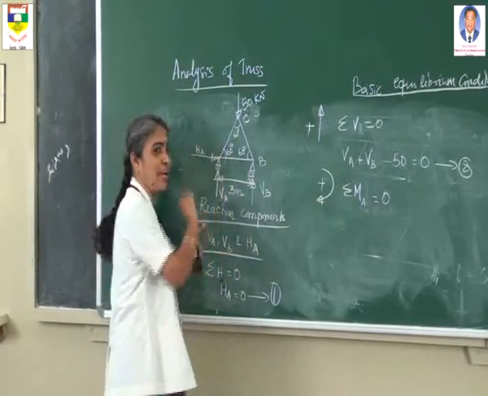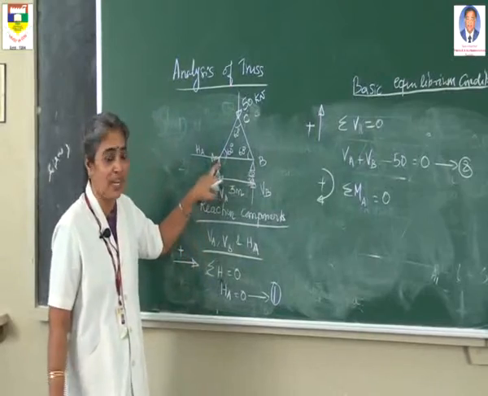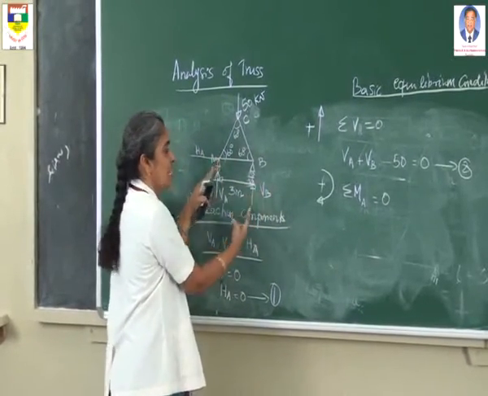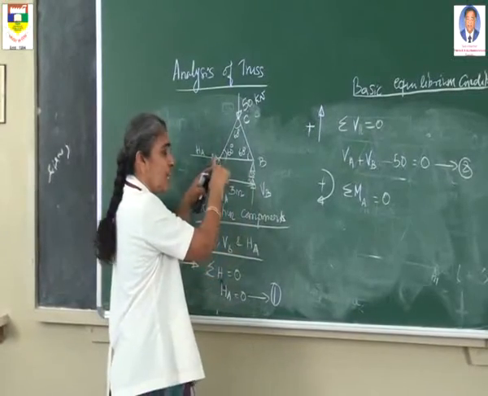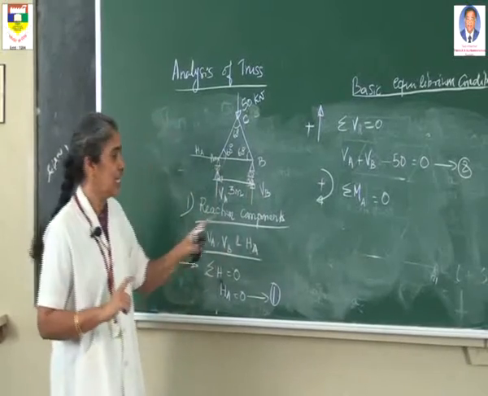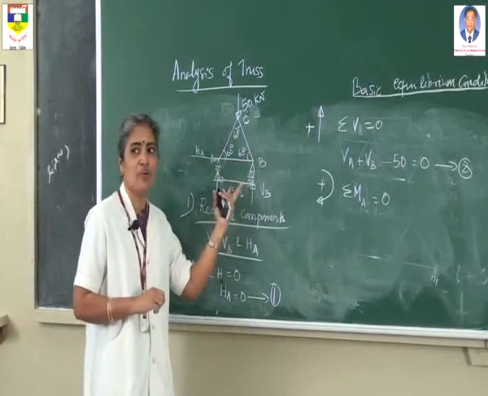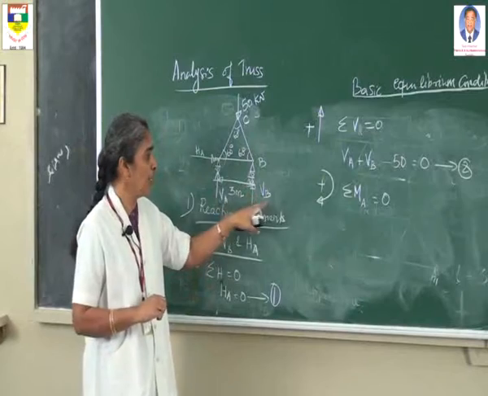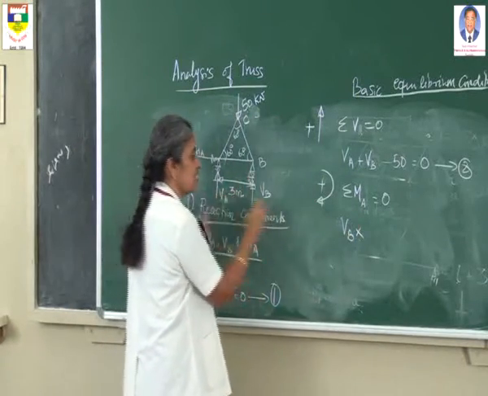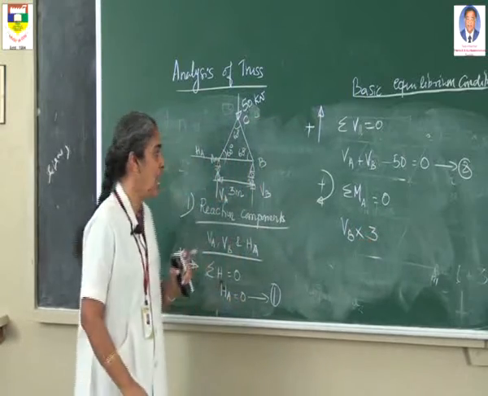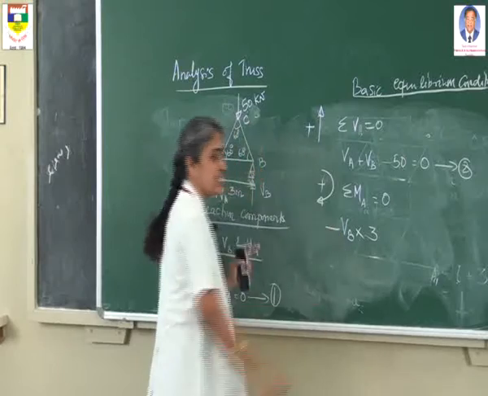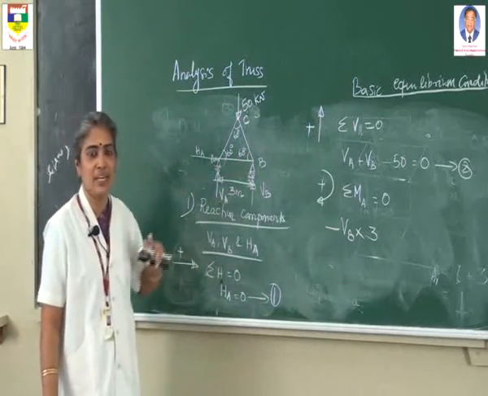Due to the force VB, which acts in the upward direction, taking moment about A, the moment is force into perpendicular distance. This force is a vertical force, so you have to consider the horizontal distance. So the moment due to this force is VB into this distance, which is 3 meters. VB into 3, and this moment rotates anti-clockwise. Therefore, I have considered a minus sign: minus VB into 3.